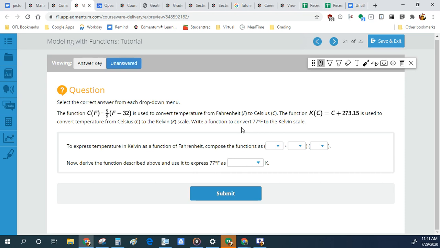All right. So now they're going to give us a composition function example. To express Kelvin as a function of Fahrenheit, we're going to take this Kelvin and, wait, what are we doing here?